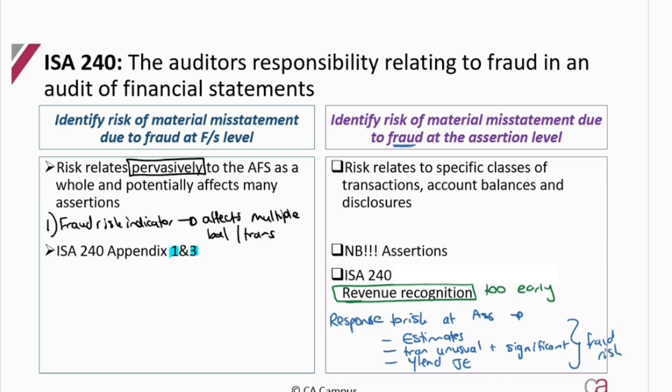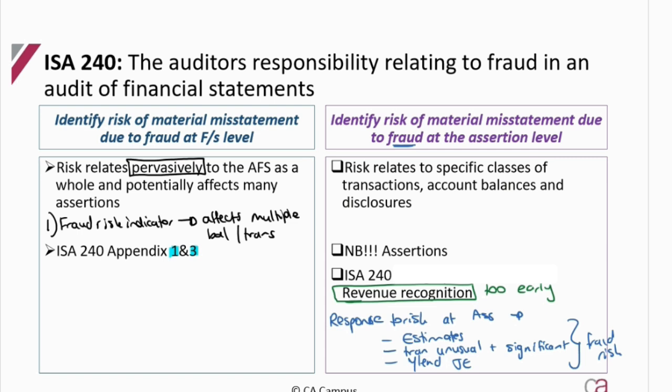So as soon as you see them in a scenario, an estimate, you can say that there's a risk here of fraud because there could be a bias in determining that estimate. Or an unusual transaction not in the normal course of business, there could be fraud here because it doesn't make sense as to why they actually have this transactional balance.